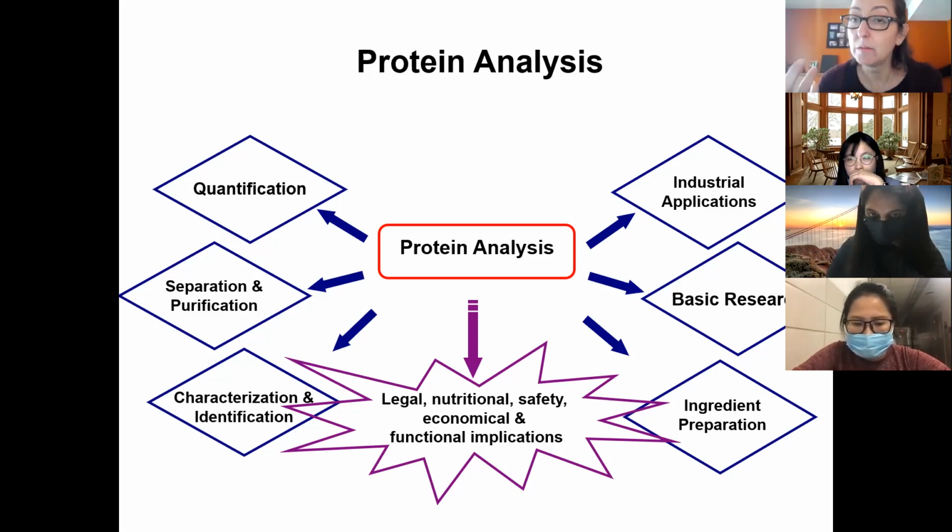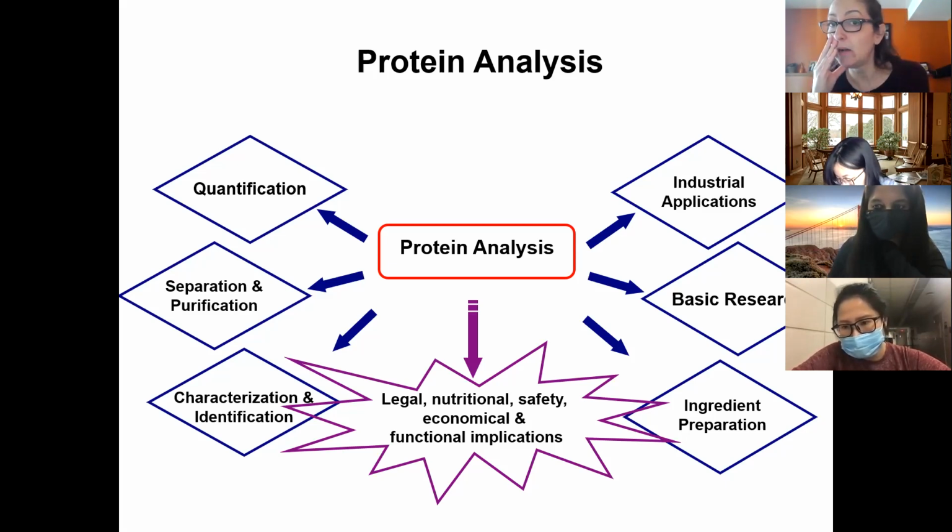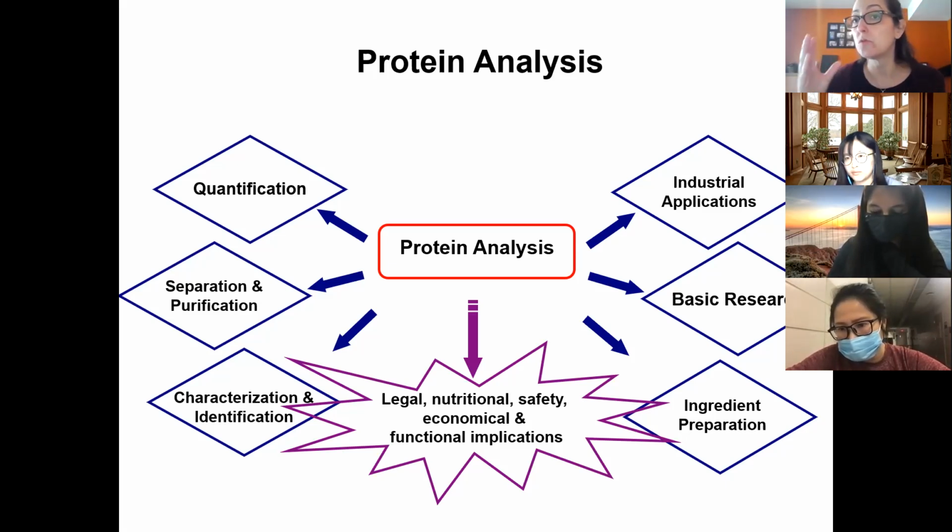And we think of economy, so cost effective, to be an industrial feasible application. And also when we isolate or when we process, when we test the proteins, we also look at how everything impacted the functional properties of the protein, because that's what leads to utilizing them in different applications.